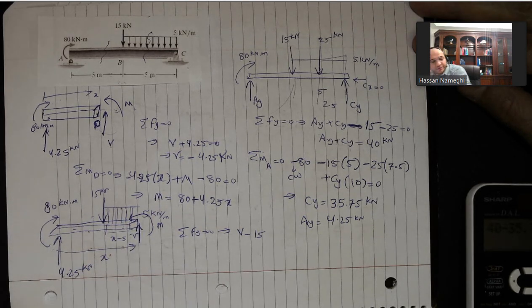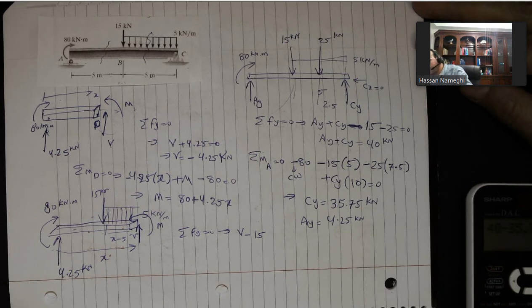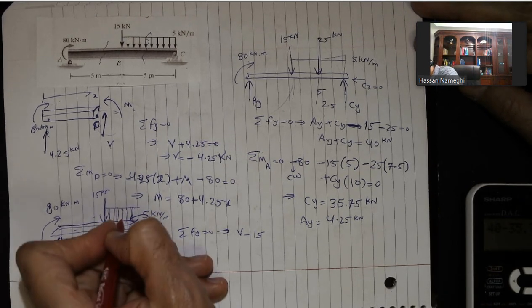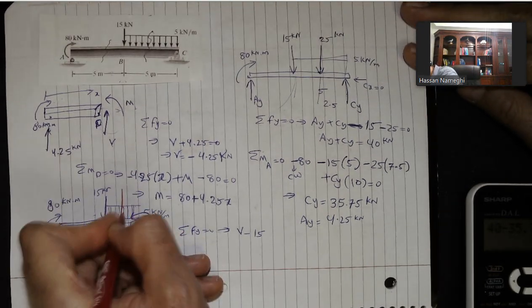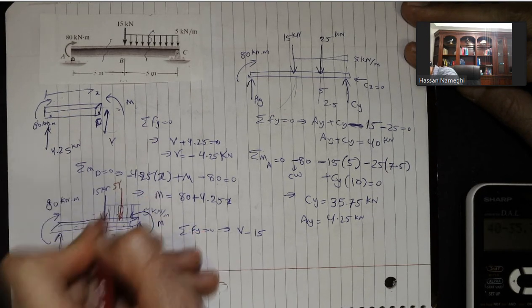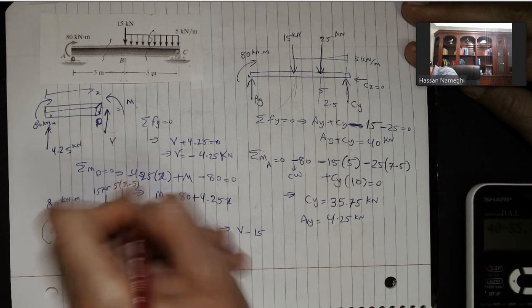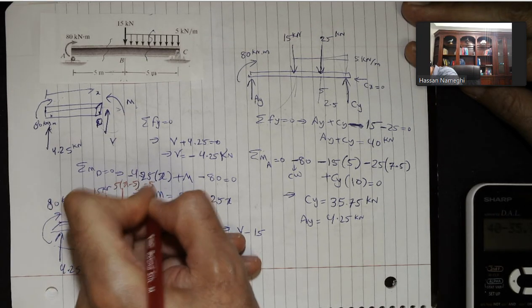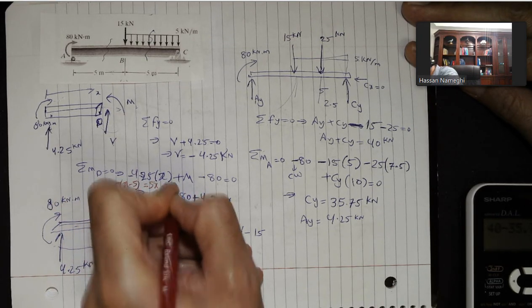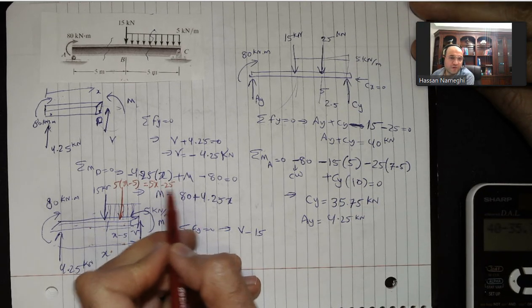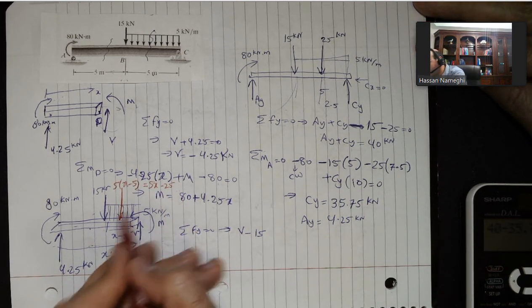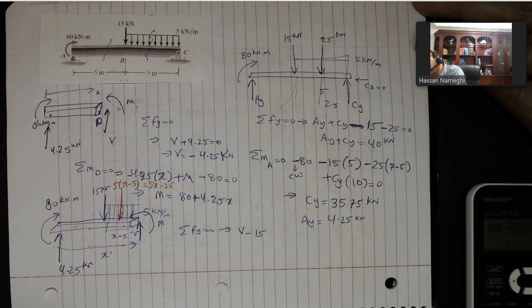So this will be replaced with one point force, and that point force will be in the middle of 5 into x minus 5. If you simplify this, this will be 5x minus 25. 5x minus 25, that's the force that's going down in the middle here.